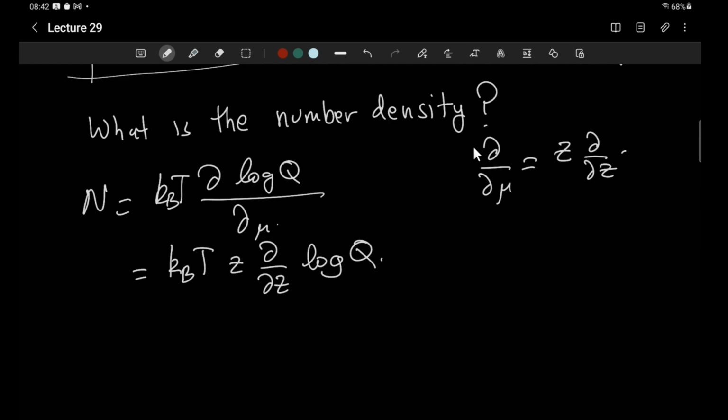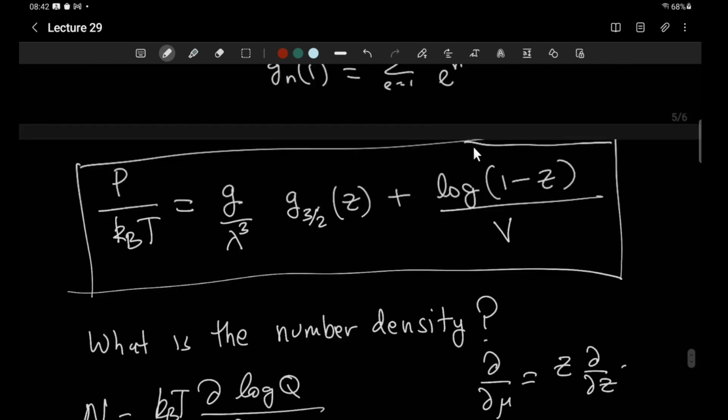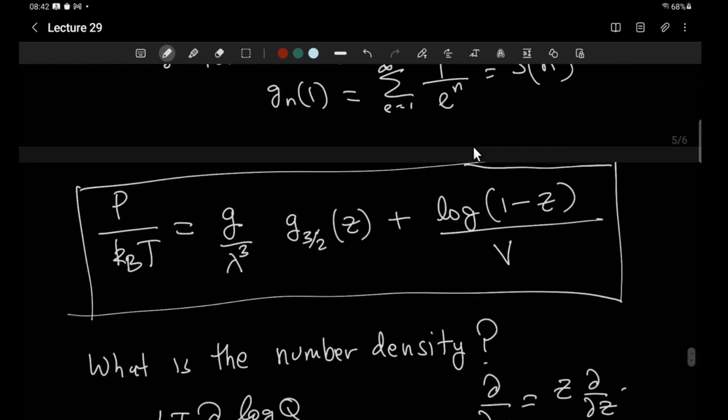But we have a formula for log Q. So I wrote P by kBT, but this has another role.